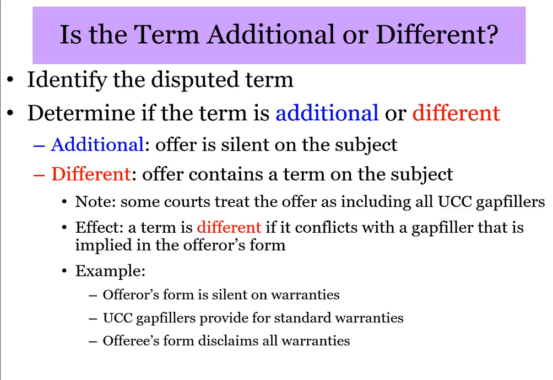Here's a couple of examples. Let's say the offeror's form is silent on warranties. The UCC has a gap filler on warranties, so the court would say that the gap filler was part of the offeror's standardized terms, and then if the offeree's form has a different warranty term, that term would be different from rather than additional to the offeror's original form.